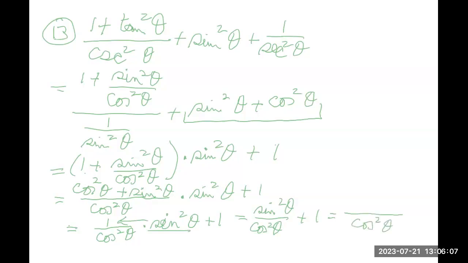The first numerator remains sine squared theta because the denominator is already cosine squared. The second numerator would become cosine squared theta. So you're multiplying that 1 by cosine squared theta and dividing by cosine squared theta.